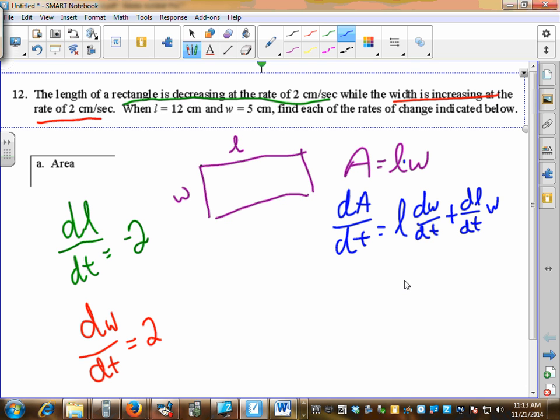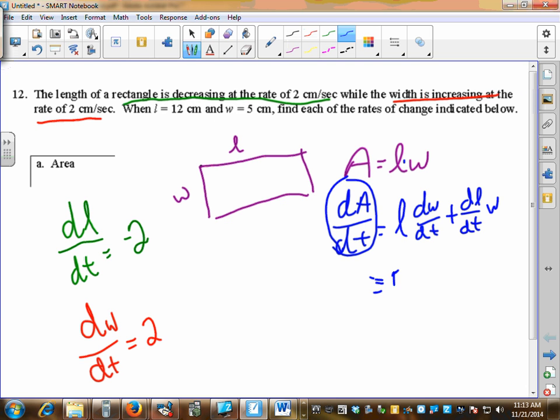Okay, and then once we've done our derivatives, this is what we are looking for. So what do we plug in here for L? 12. Okay. And then dW over dt is going to be what, Aaron? 2. Right.